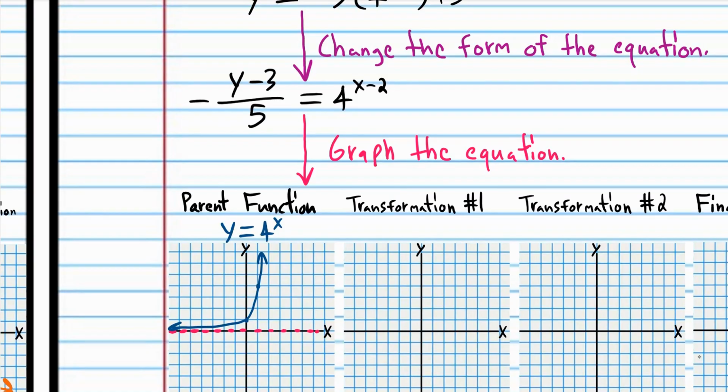So we cannot translate first, so we're going to have to reflect and then dilate, or we can dilate and then reflect. So I'm going to reflect. I'm going to replace y with -y.